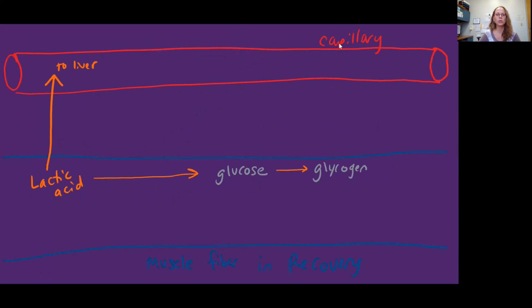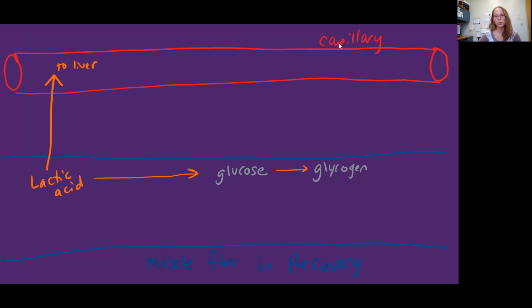Remember, we sent that to the liver. You also see some recycling of this happening in the muscle cell. So if we can go this way, we can go the other way with this reaction. So your lactic acid can be converted to glucose, which then can be stored in the form of the glycogen molecule. So you can right away start replacing those glycogen reserves.